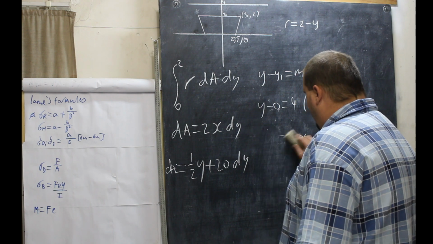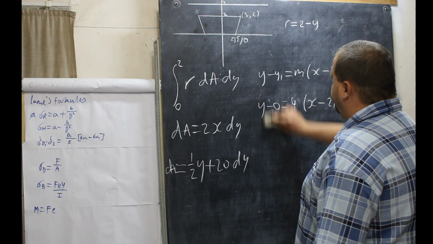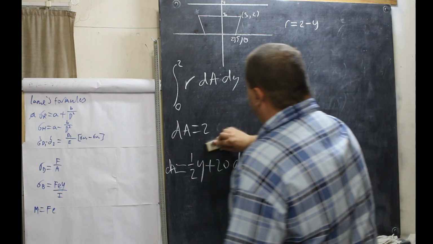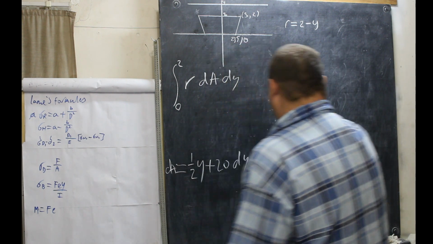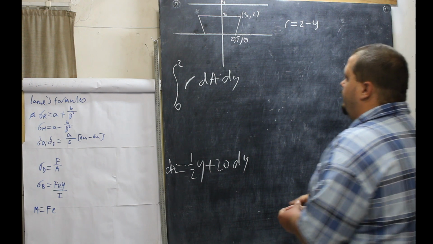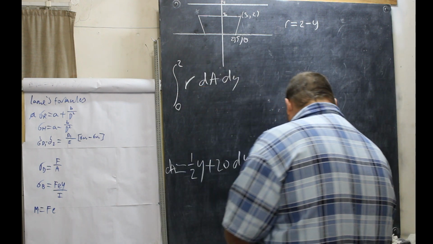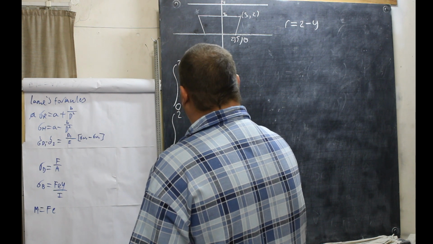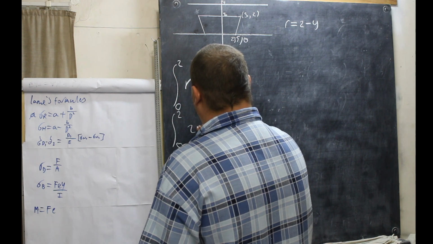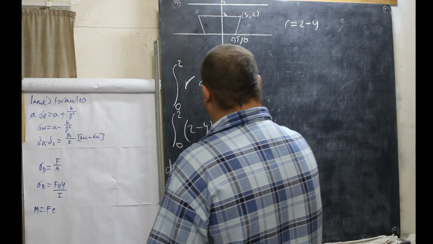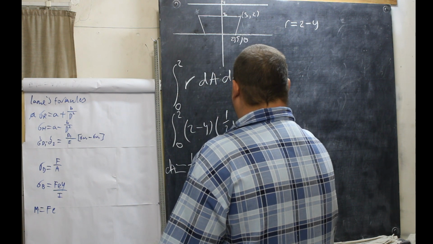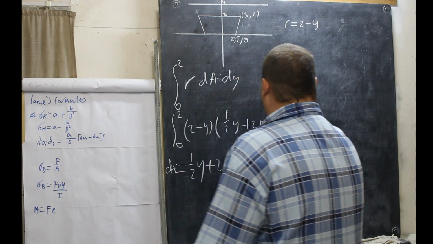So we have our formula that we need. So what we're going to do now is say the integral 2 and 0, r is 2 minus y times a half y plus 20 dy.